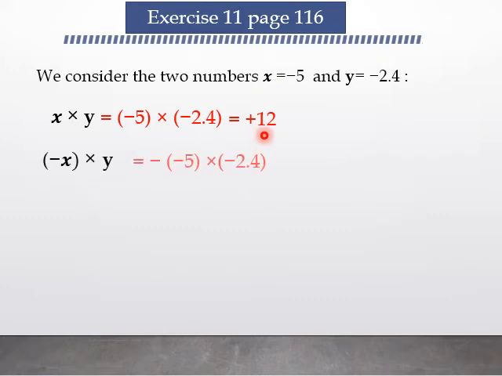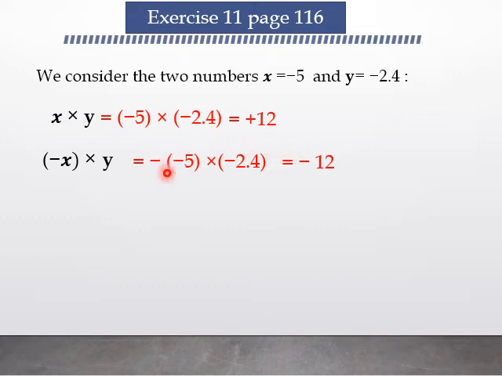Minus x times y, so it's minus 5 times minus 2.4. Minus minus, it means plus 5 times minus 2.4. Let's multiply the sign. Here, as I told you, minus minus means a plus. Plus times minus, so minus. We can take a note here.